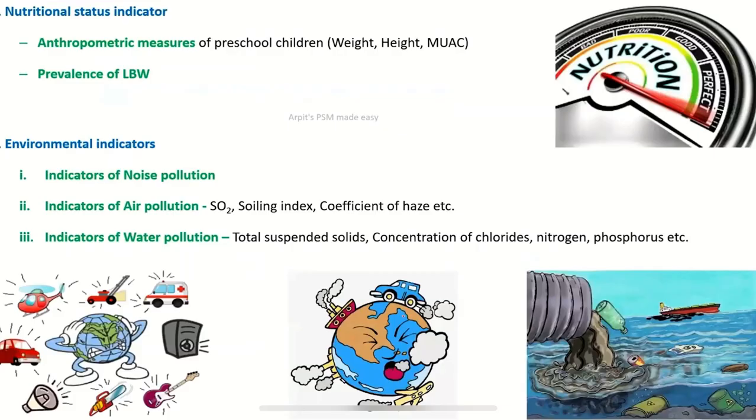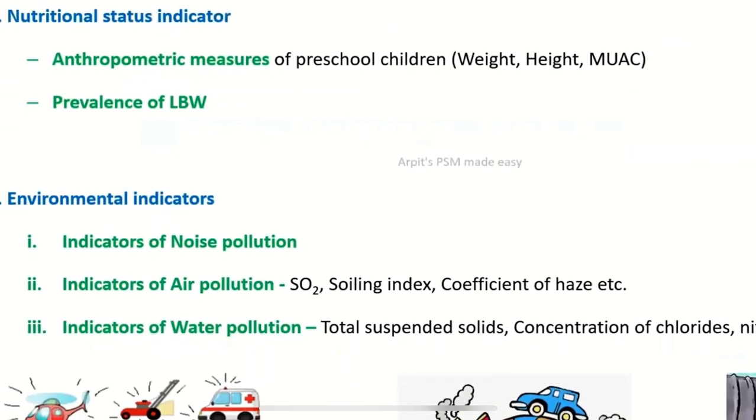Moving on, nutritional status indicator. This is very important, guys, and these are very short ones, so we can do it very quickly. We have the nutritional status indicator, which is also a positive health indicator. It is an important indicator of the health status. We have anthropometric measurements of preschool children, that is weight, height, and mid upper arm circumference.